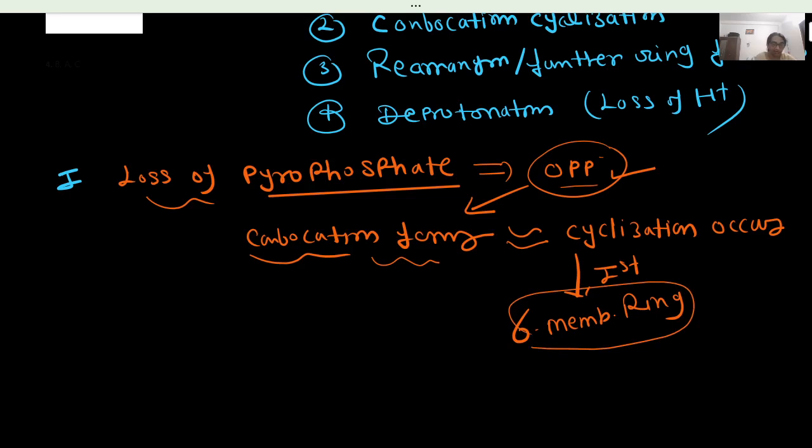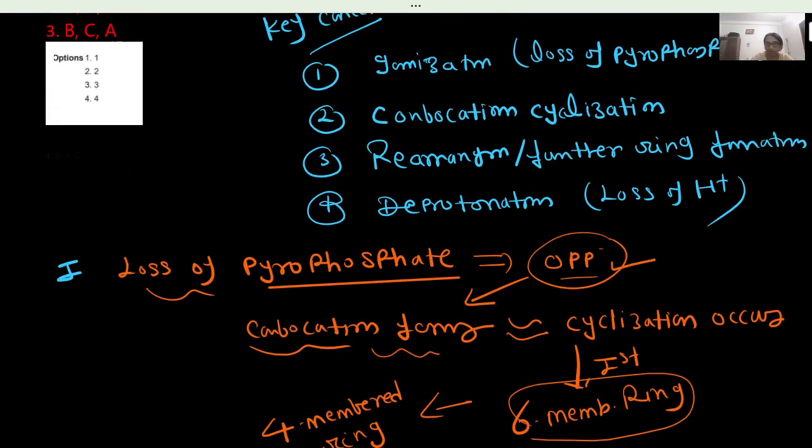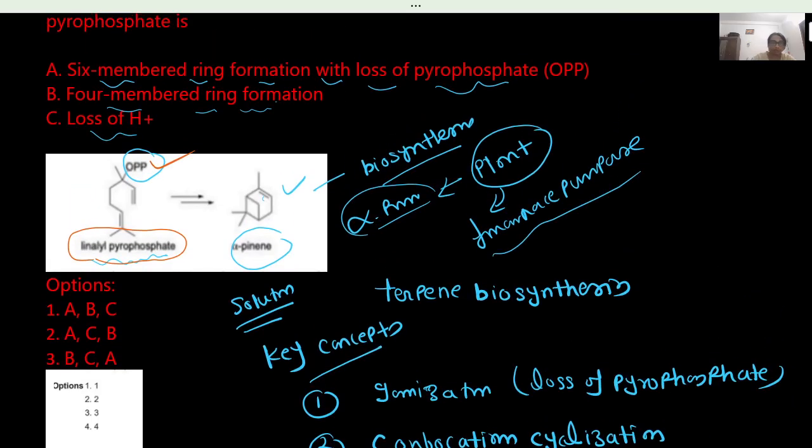That is again the formation of the four-membered ring, and the name of this carbocation is pinyl carbocation. Four-membered ring formation corresponds to step B in the question.